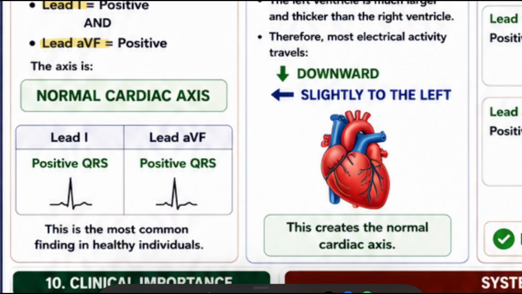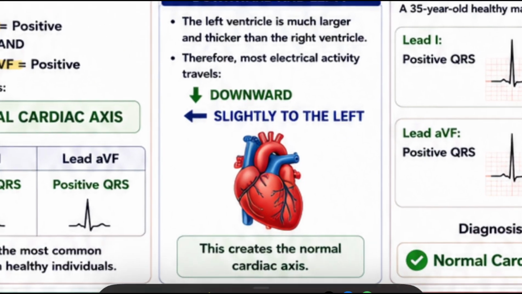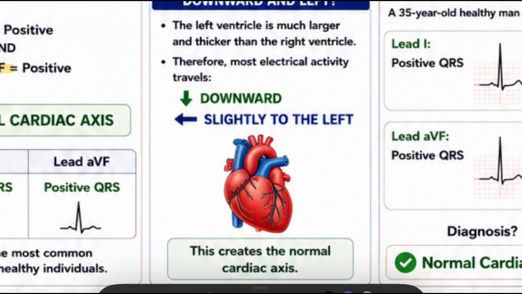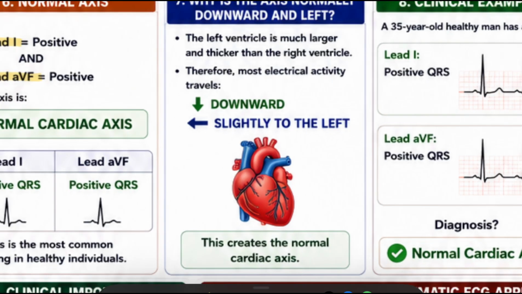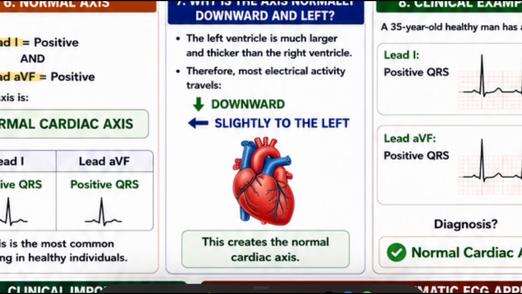So why is the axis normally downwards and left? The left ventricle is much larger than the right ventricle. So therefore most electrical activity travels downwards and slightly to the left.